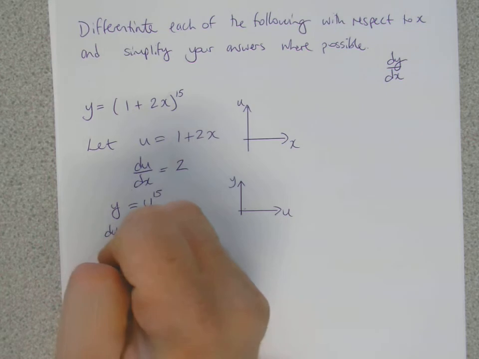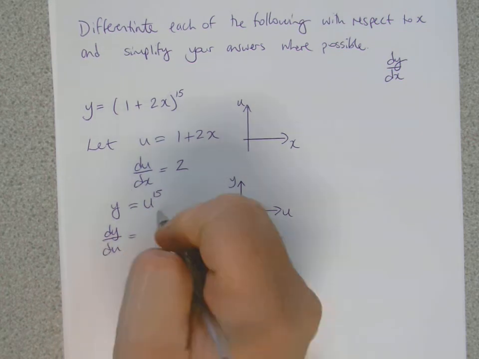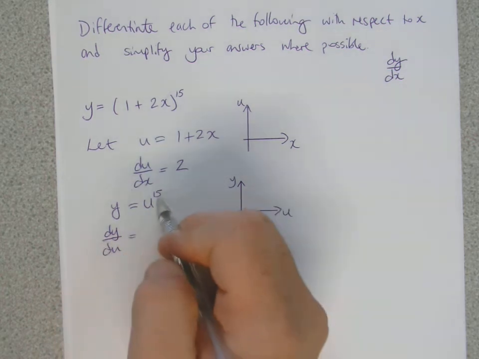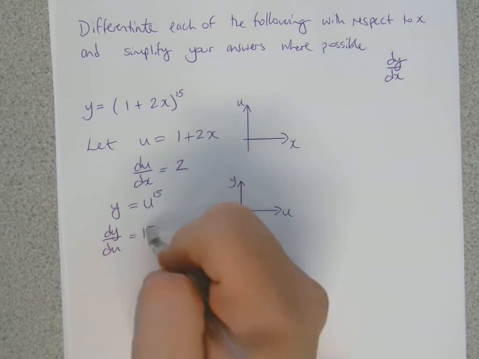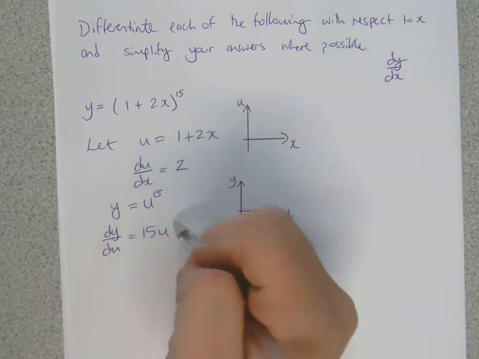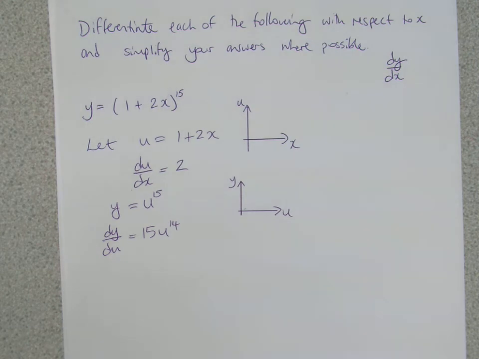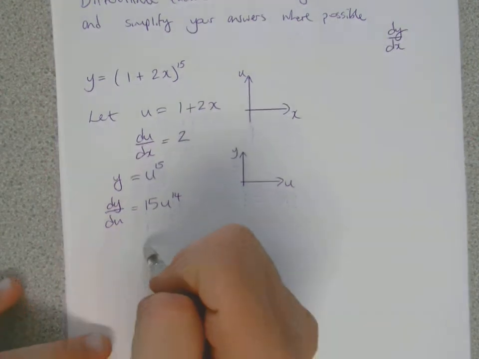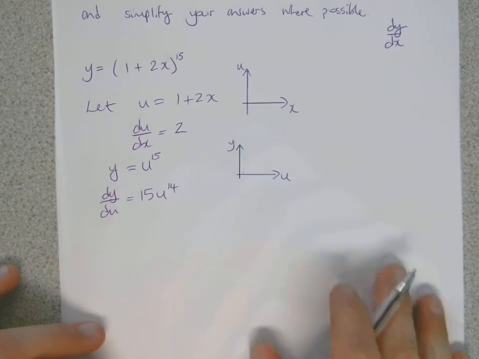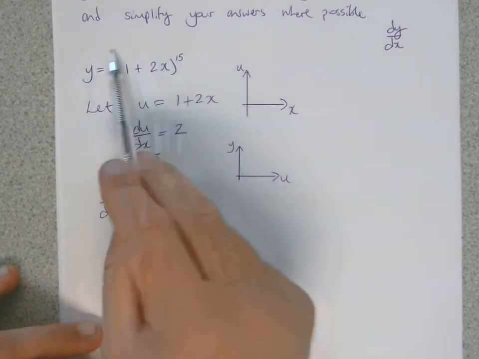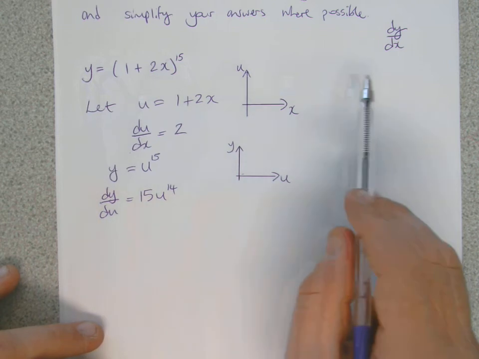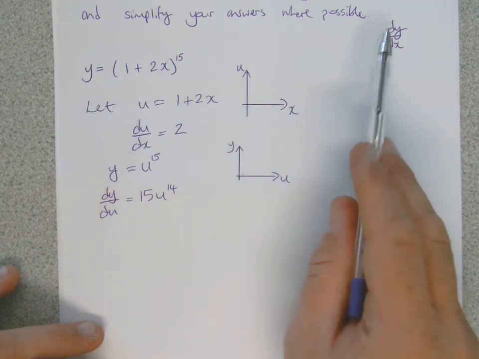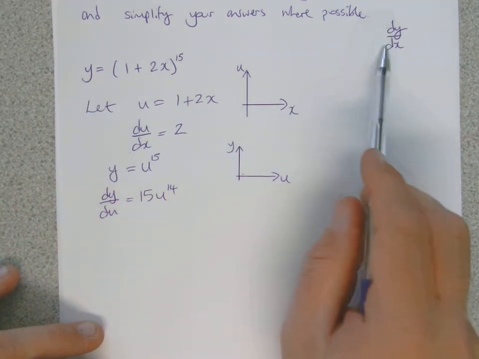So dy by du is equal to, well, this is simple differentiation: bring the 15 down, and then take 1 away from the power, so it becomes 14. So I've got that. Now, remember, to get what we want, we've got to go back to the original function, which is y in terms of x, and to get the gradient I need dy dx.